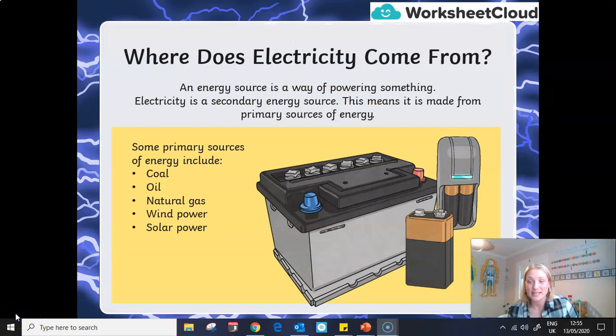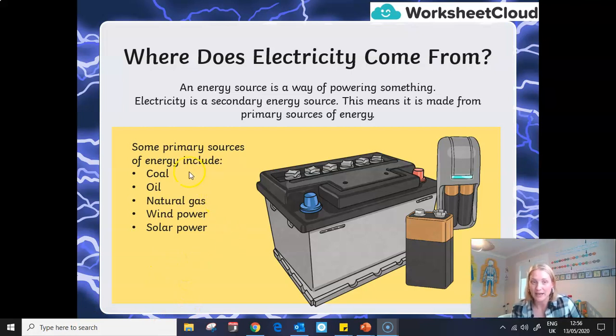So, as I've said before, electricity is a secondary energy source. We actually have to burn or use other sources in order to generate it. So, have a little look at the slide in front of you. I've written an energy source is a way of powering something. Electricity is a secondary energy source. This means it is made from a primary source of energy.